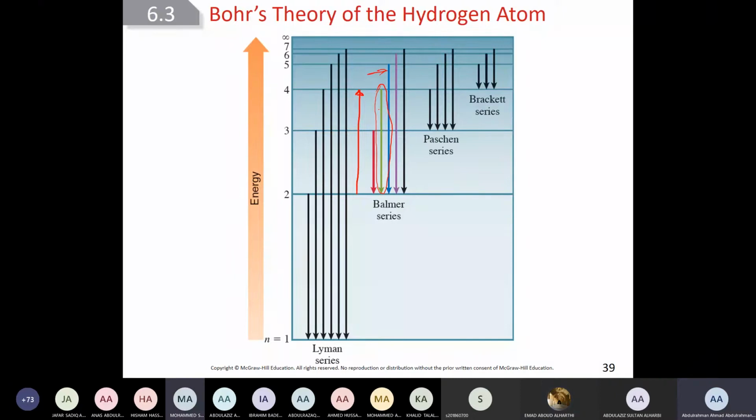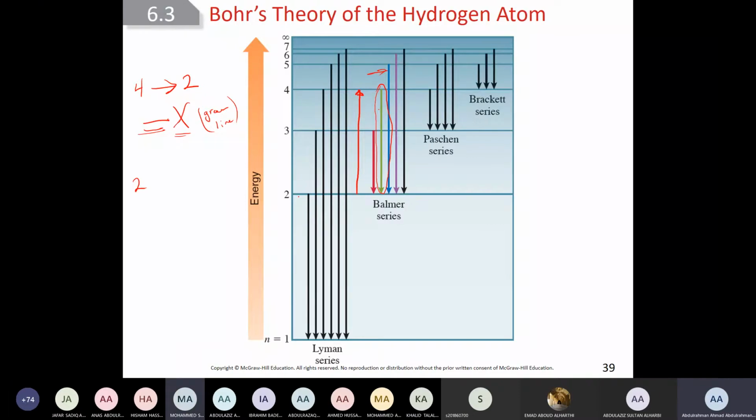From 4 to 2 is negative x, the value of the green light. From 4 to 2 it will be exothermic, and if the green line value is x, then it will be negative x.